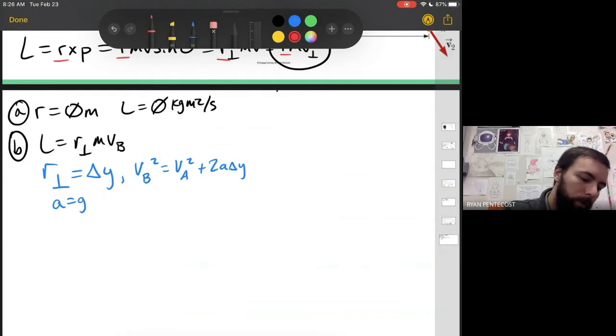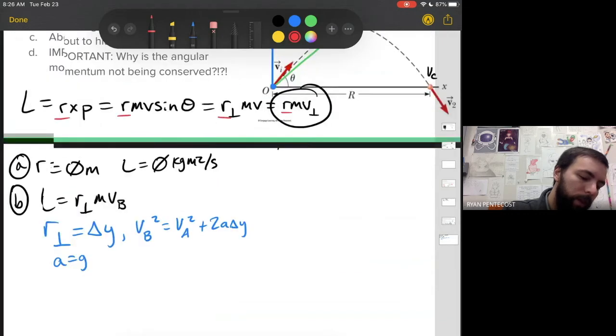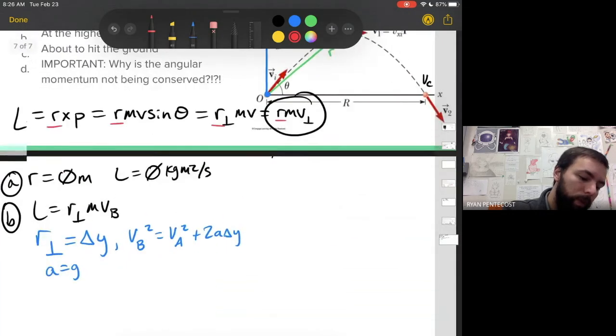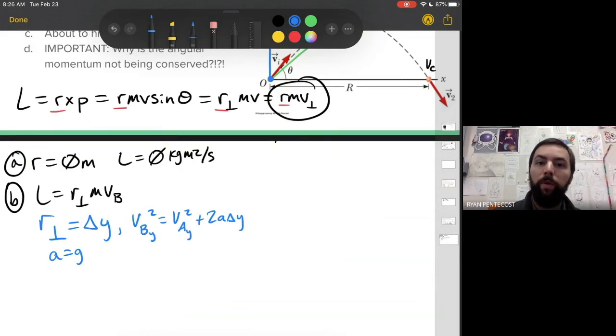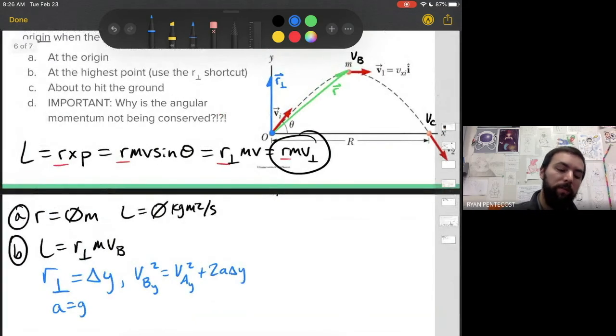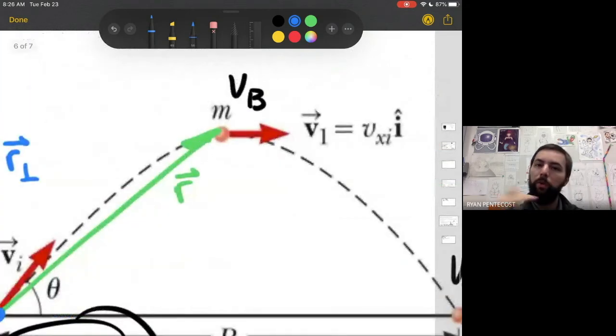So what we're going to say is that VB, this is all in the Y direction. We have to split this between X and Y when we're doing kinematics. So VB in the Y is going to be 0, because the velocity at point B is purely in the X, and there's no Y component.